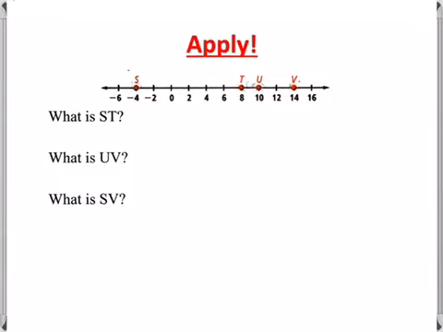So here they want us to find the distance or the length of ST. So we're going from S to T. So if we set this up, we're going to have the absolute value of -4 minus 8. So that's the absolute value of -12, which means our length is just 12. You could have also counted, but this is a little bit more mathematical.